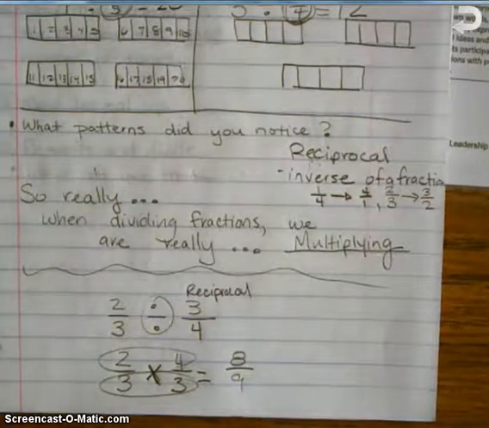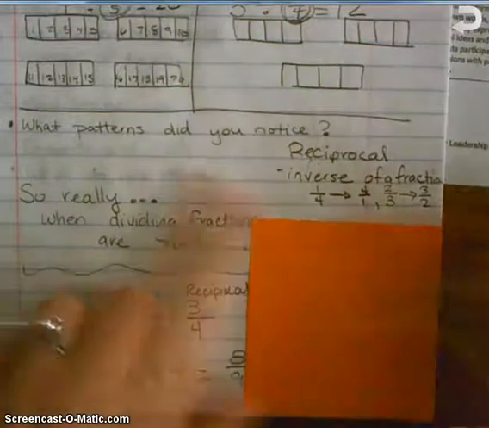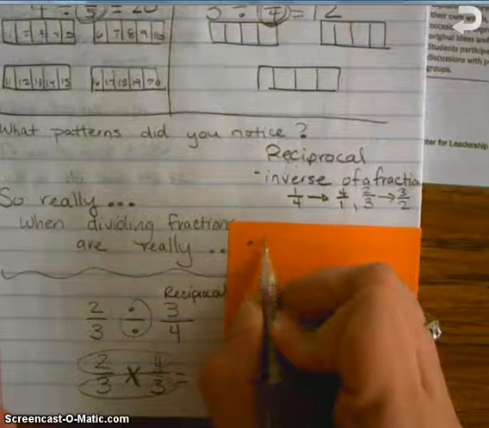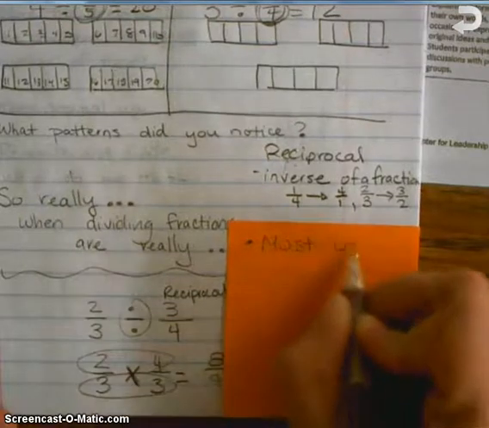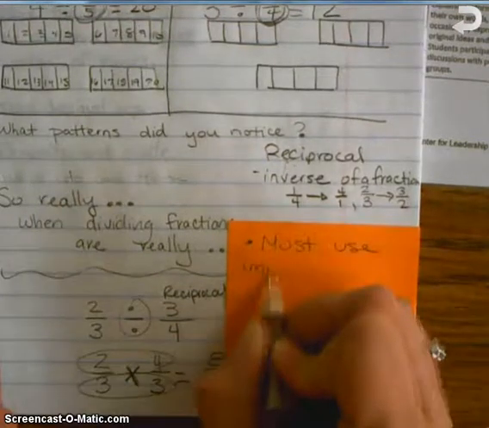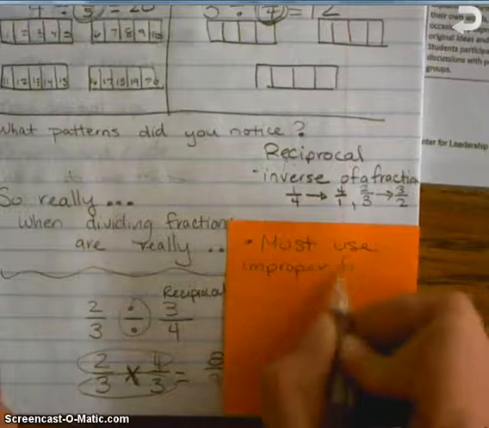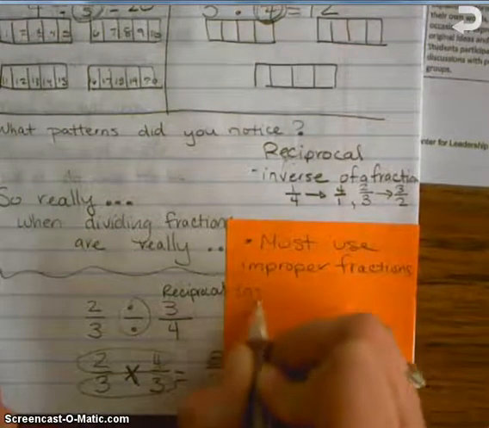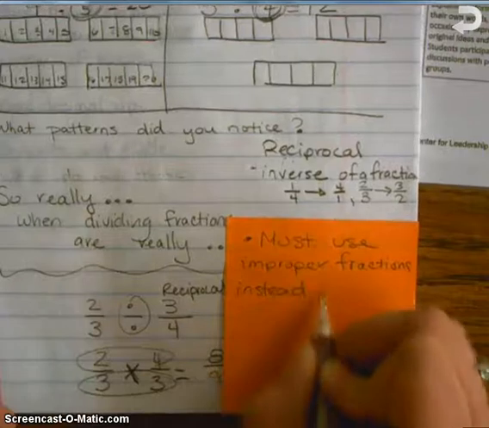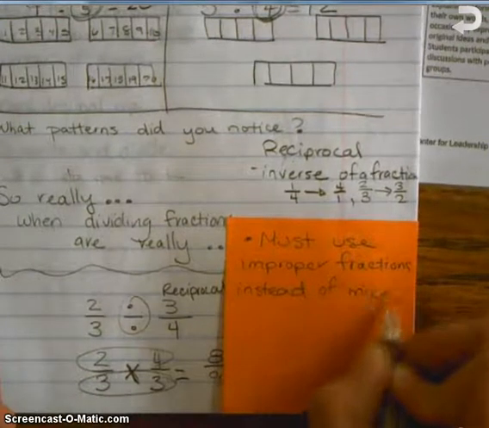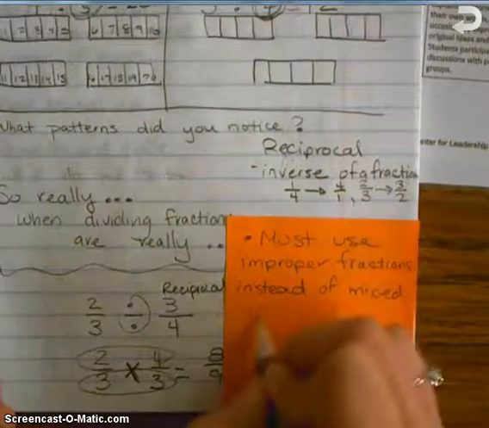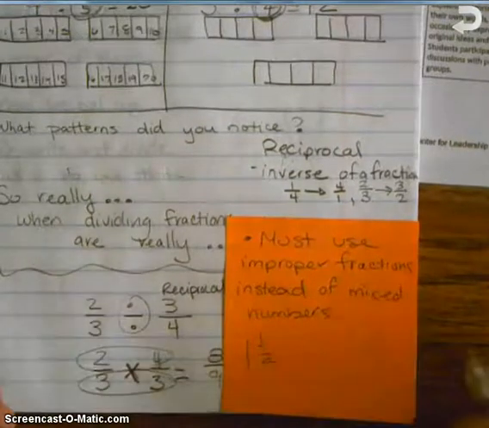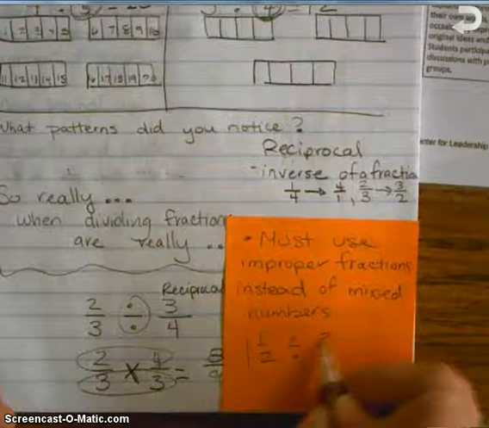Now, there are a few things here that we don't have time to go over. The first one is that you must use improper fractions instead of mixed numbers. So that means that we are going to look at the fraction 1 1/2 divided by 3/4.